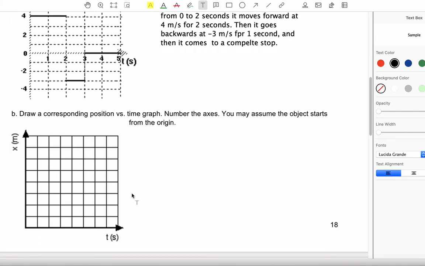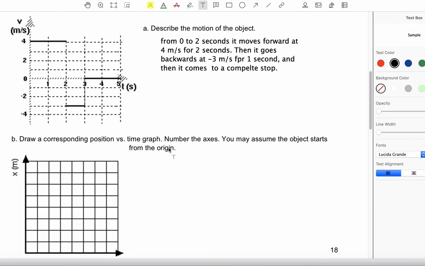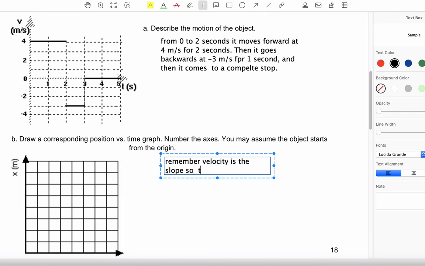Now, we want to draw the appropriate velocity or position versus time graph. So let's just remember, we learned in class, velocity is the slope. So the velocity graph above is the slope of the graph below.